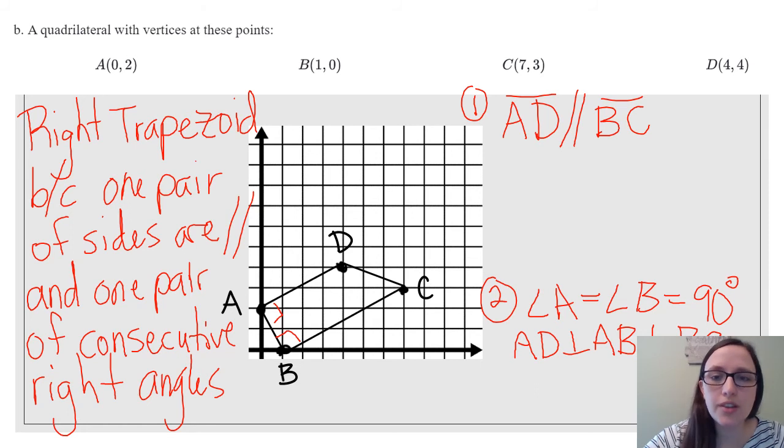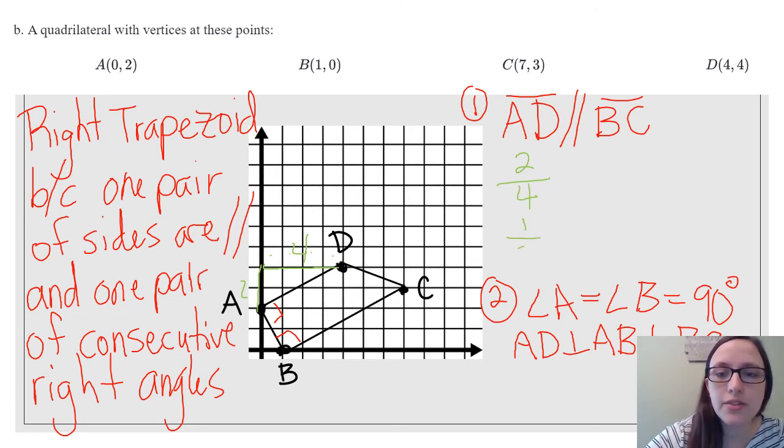Okay, so first off, AD and BC. In both of these, I need the slopes to prove that two lines are parallel and that two lines are perpendicular. So I'm going to use the slopes. So for AD, the slope is up 2 and over 1, 2, 3, 4. So 2 over 4. And I can always simplify that to 1/2.